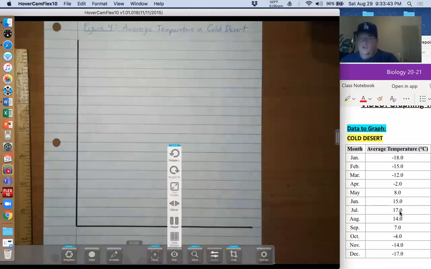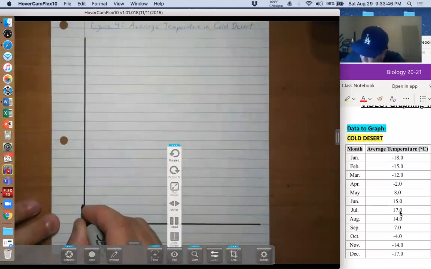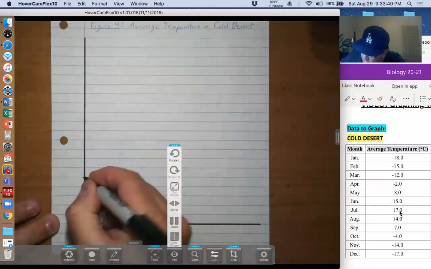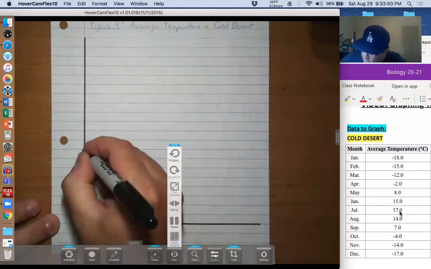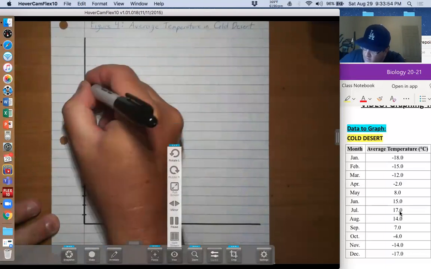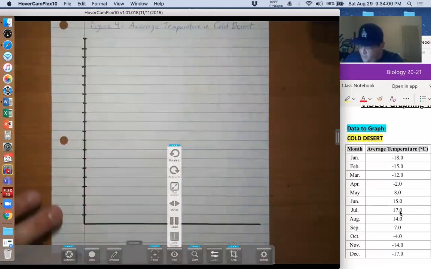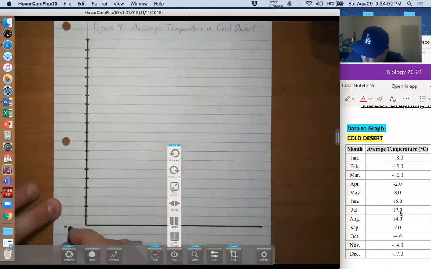Okay. So again, every line is going to be a tick mark. Tick, tick, tick, tick, tick, tick, tick, tick, tick, tick. And I said I was going to start at negative 20, not 0 this time. Okay. And I'm going to go up by 2s.